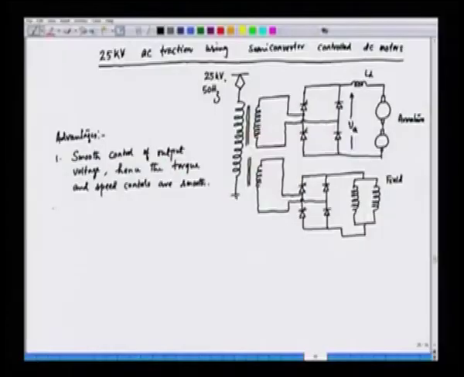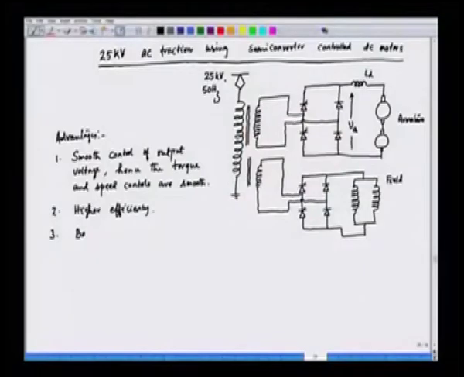The efficiency is higher here. Since we have smooth control, we have no problem of wheel slipping. The adhesion is better here because we are employing a smooth control, and hence we do not have any sudden change in the torque. Better adhesion.